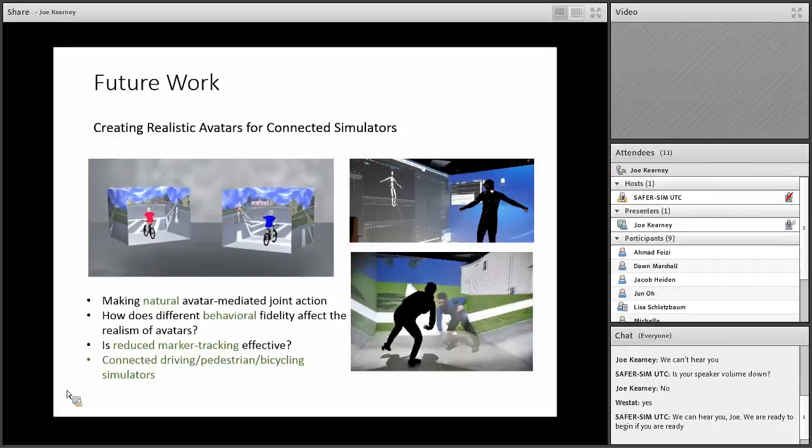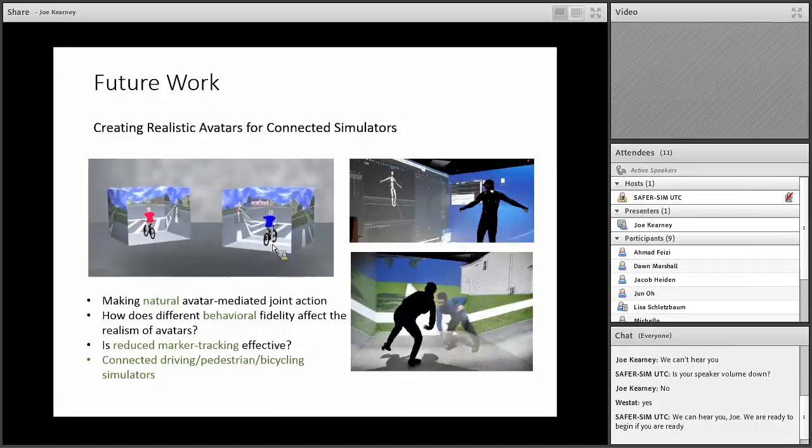So there's an animation, or I mean a cartoon that shows this here for two bicycling simulators. One of the challenges is for you to share these environments, you need to have a representation of the other person in the environment, a computer-generated avatar. So one of the things we'd like to do, and that's partly what motivated our work with agents, was to understand how much you need to capture about a person's motion to get natural interactions.